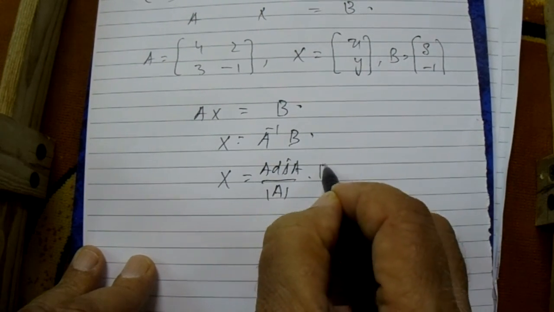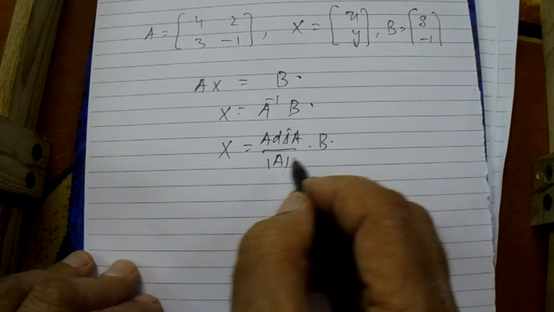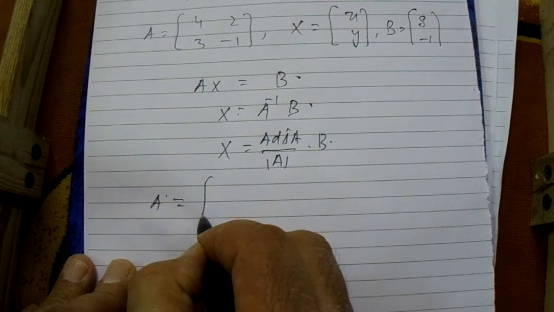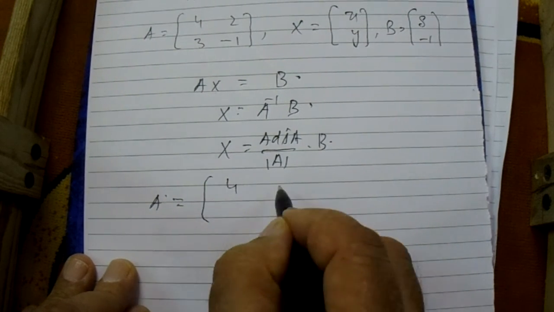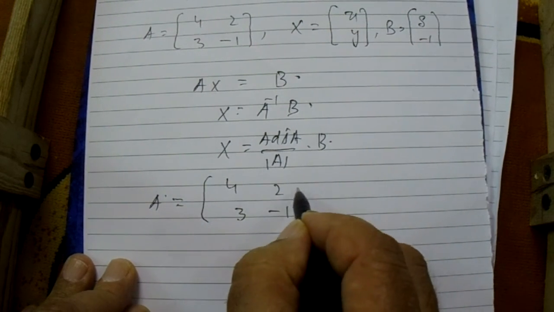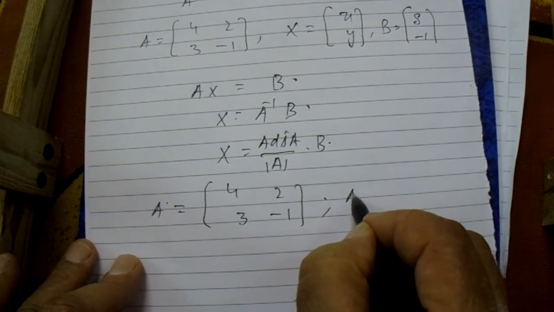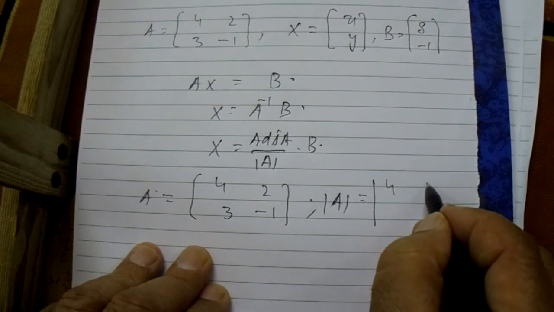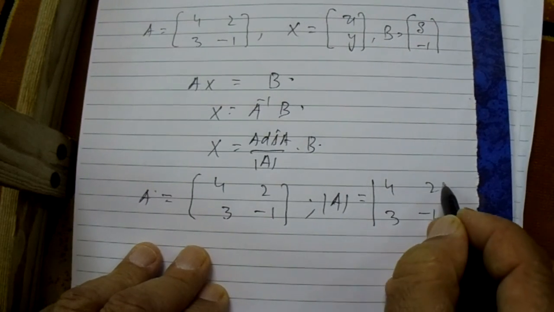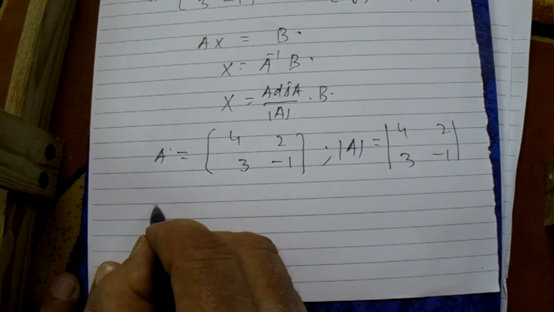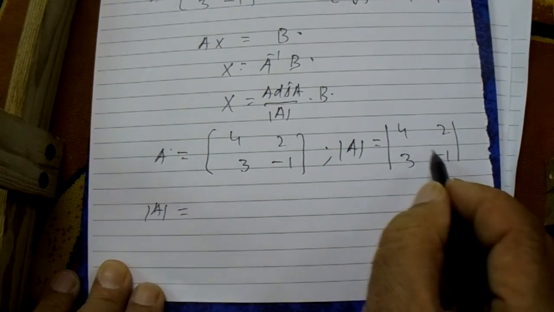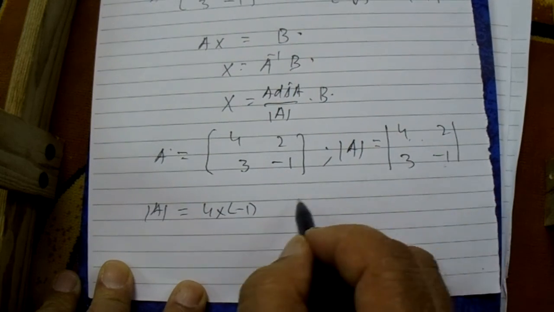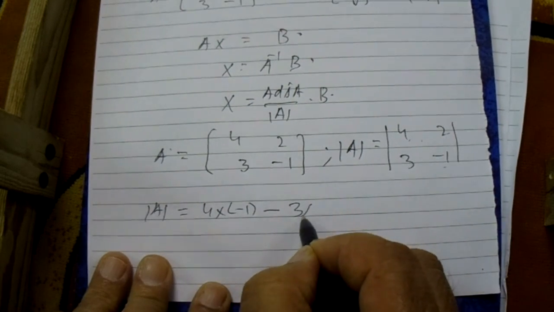Now into B. First we find determinant A. We have matrix A equal to [4 2; 3 -1]. Now determinant A is equal to 4 multiplied by -1, minus 3 multiplied by 2.